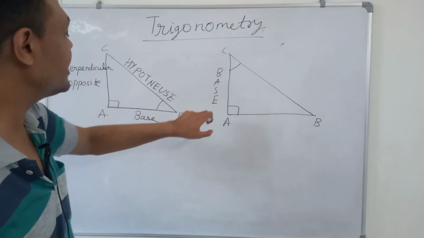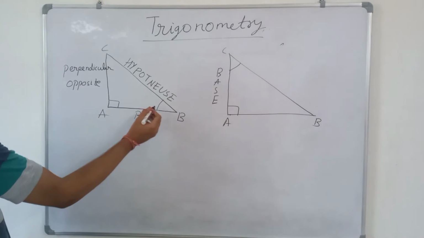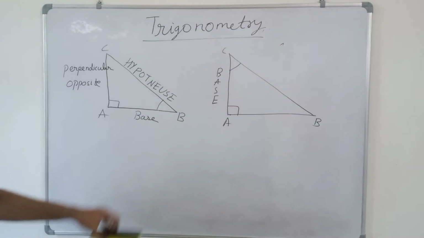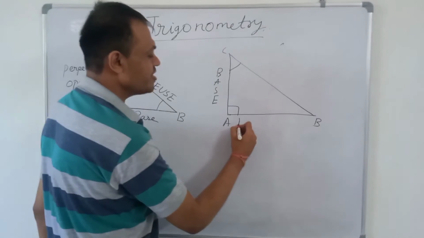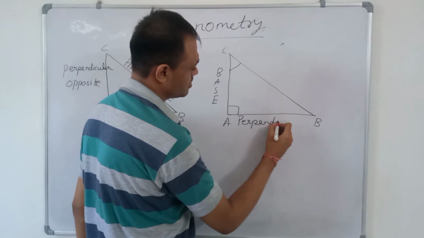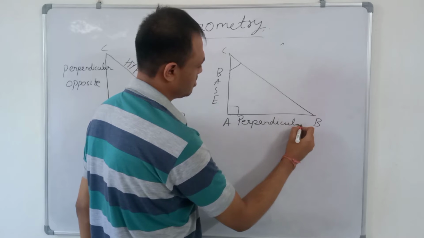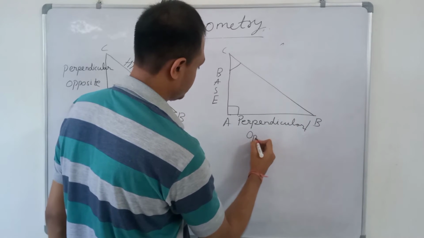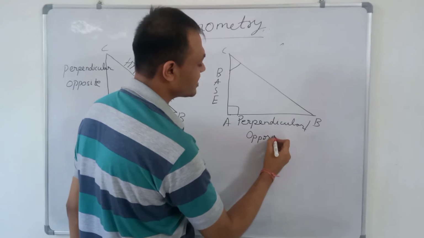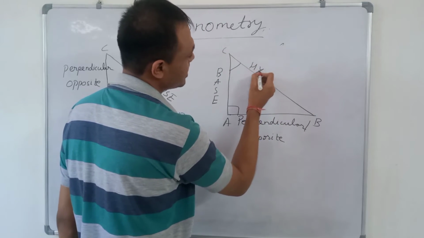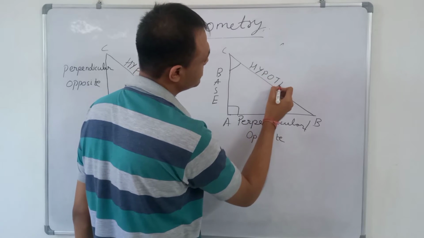Here AB contained this angle and this right angle, so it was called the base. So now AB will become the perpendicular, or opposite. These are both names for the same thing. And BC is called the hypotenuse. Hypotenuse does not change.